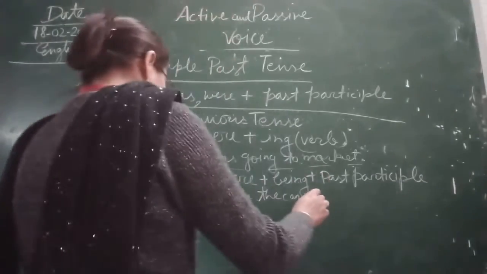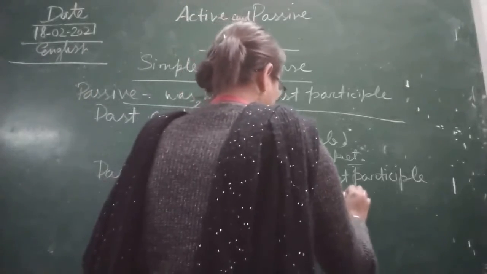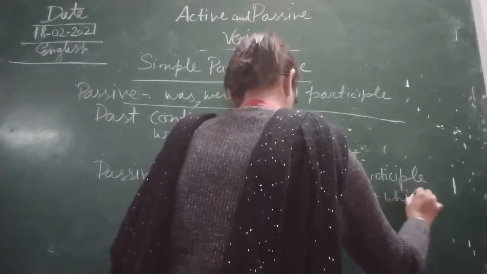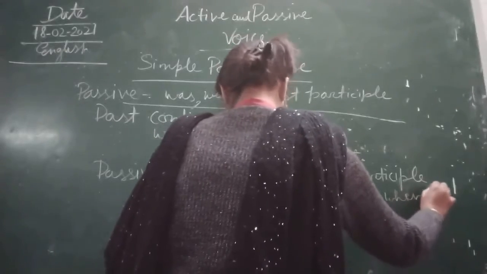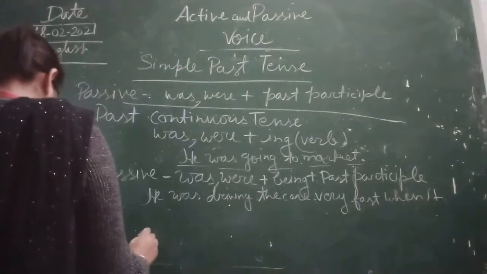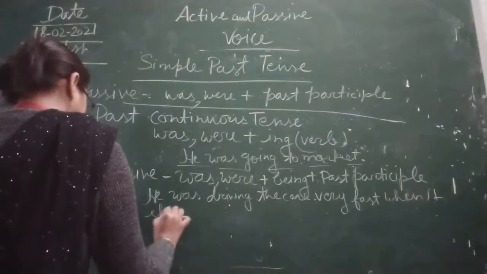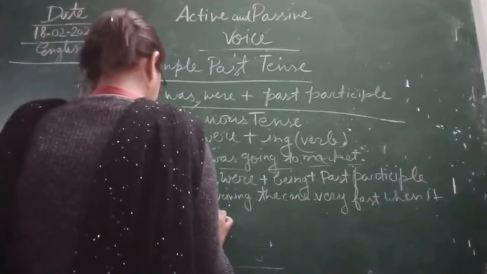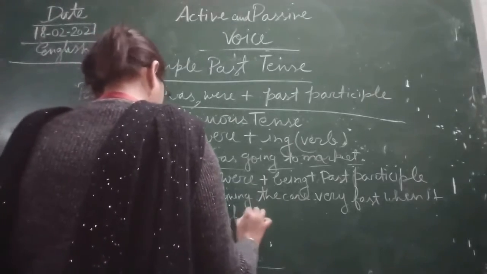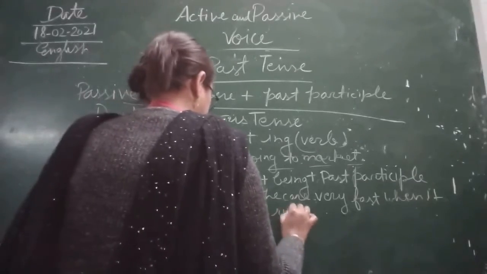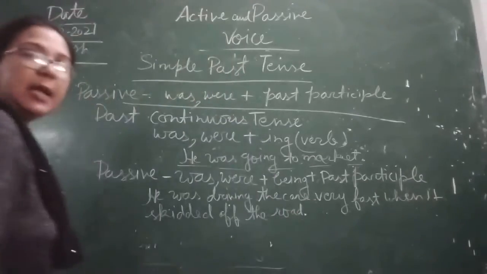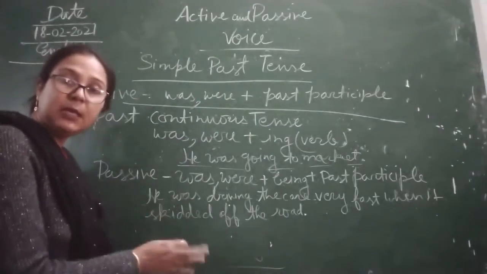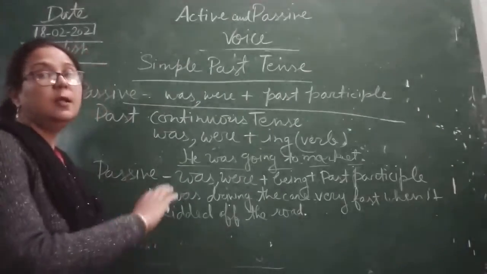He was driving the car very fast when it skidded off the road. It is quite a long active voice sentence, but in this example you can see how we will change it into passive voice.